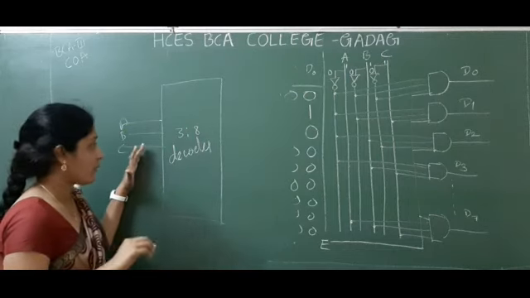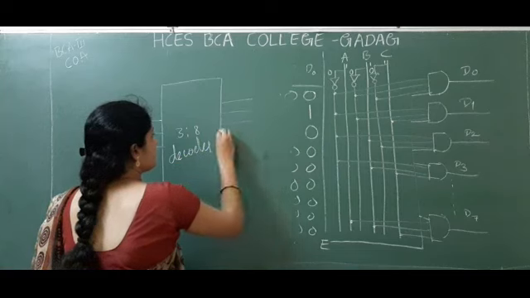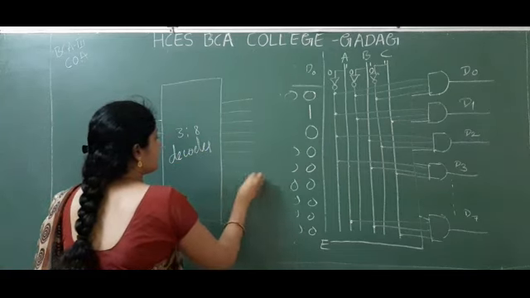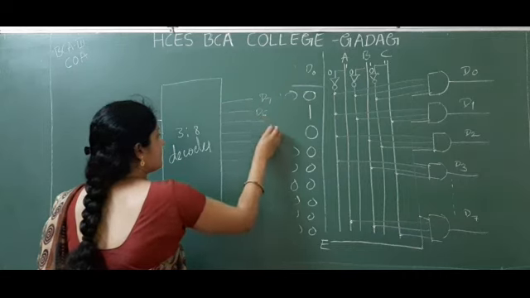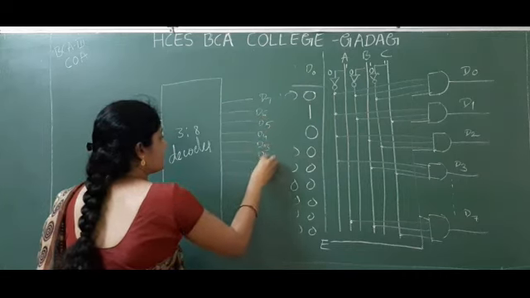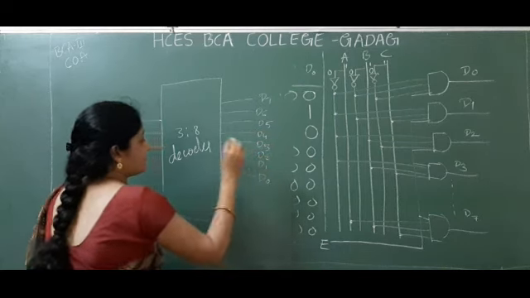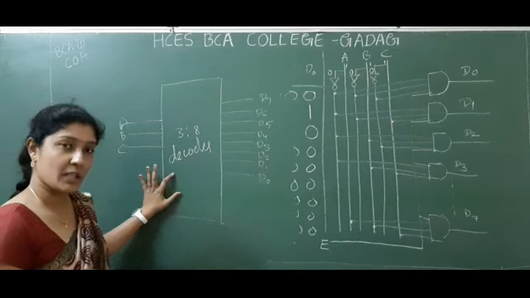Inputs we have, that is ABC. Okay, outputs. So this is very simple to draw the block diagram.